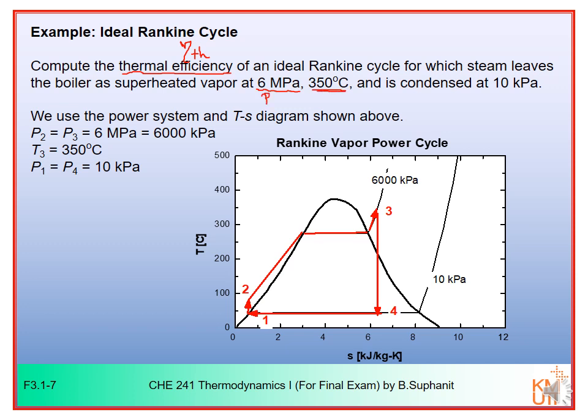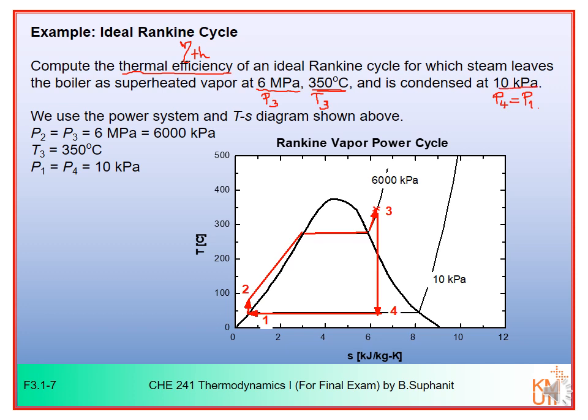So this is P3 and this is T3. Okay, at the outlet from the boiler here is number 3. And it is condensed at 10 kilopascal. So this is P4, which is equal to P1, at 10 kilopascal.